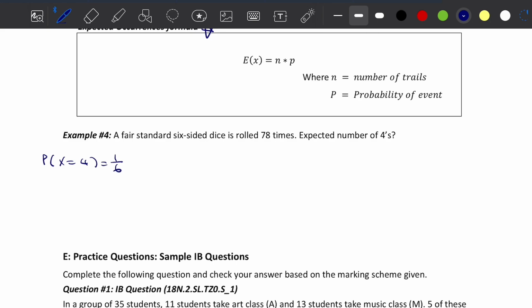Then to calculate the expected number of 4s, E(X = 4) equals the number of trials, 78, times the probability of getting 4 as the outcome, 1 over 6. So we multiply these two numbers together, and we get 13 as our expected number of occurrences.